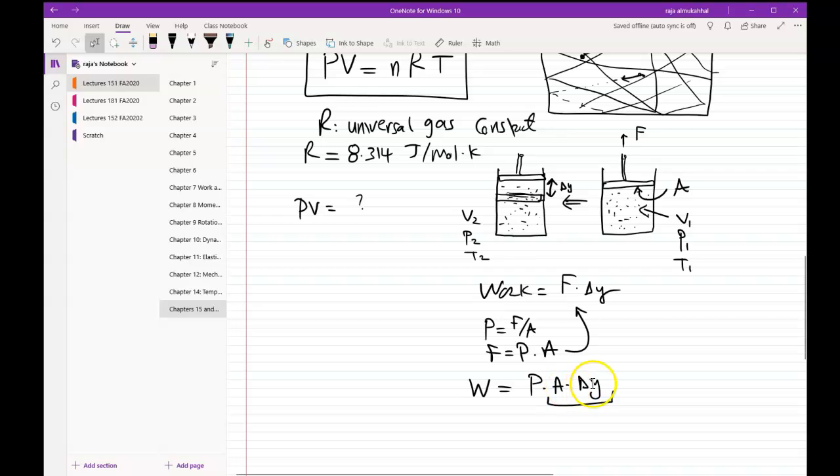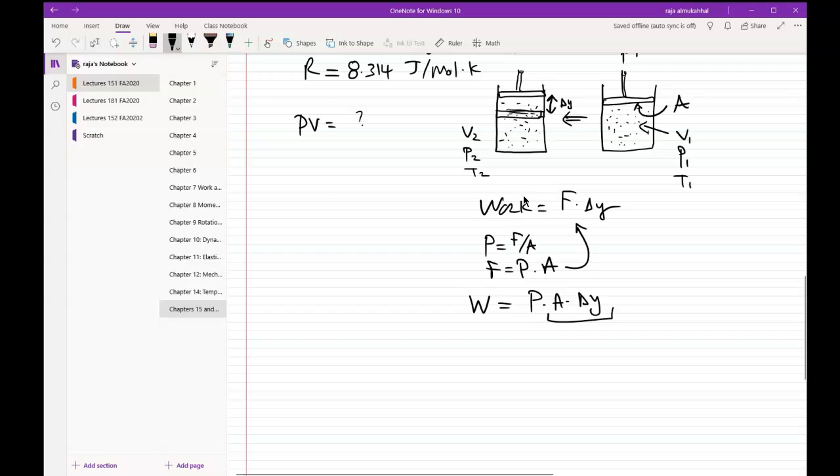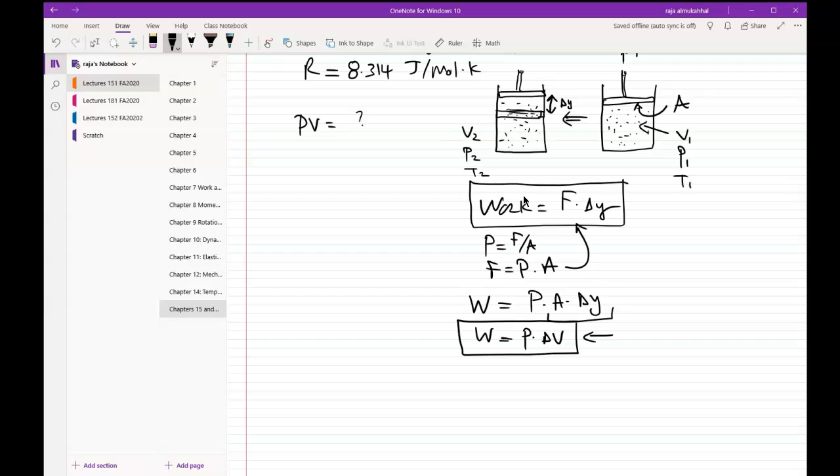So A delta y is basically the increase in volume, delta V. So work, this is a new formula that you may not have seen before. We always learned that work is equal to F delta y, or the change in kinetic energy, or the change in potential energy. Well, we have a fourth one here. Work is pressure times the change in volume.